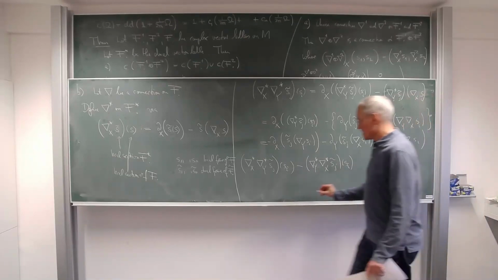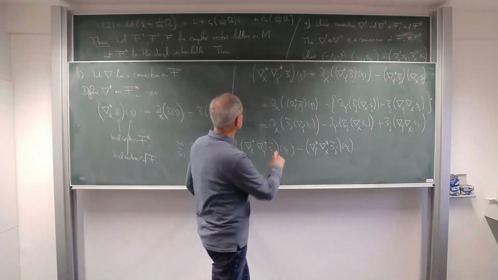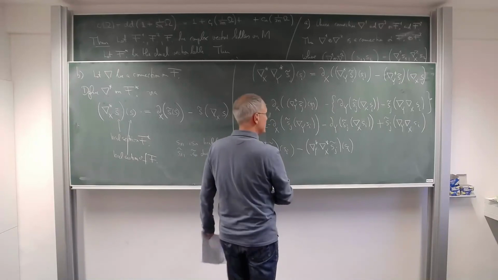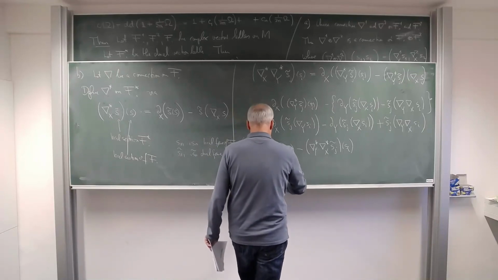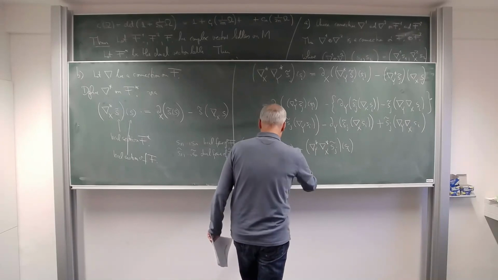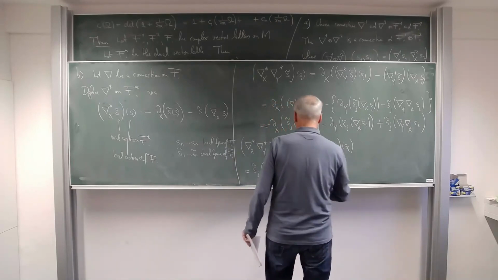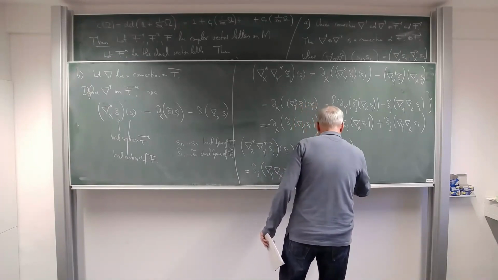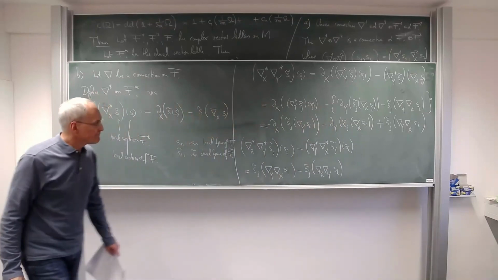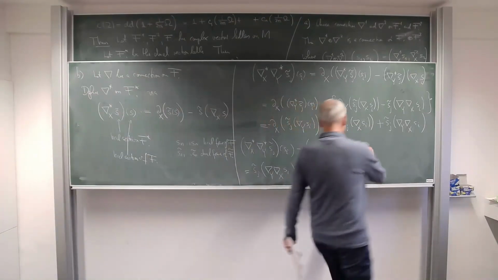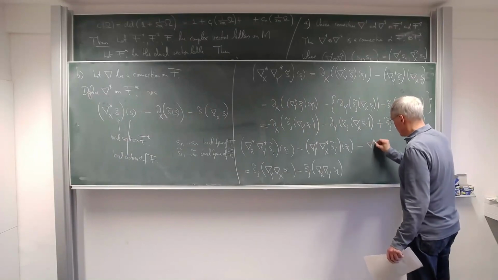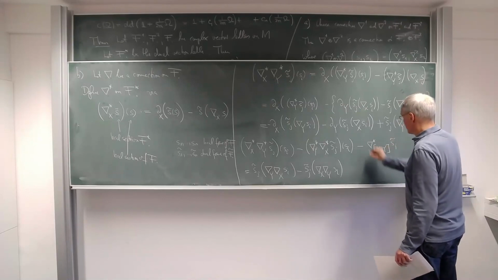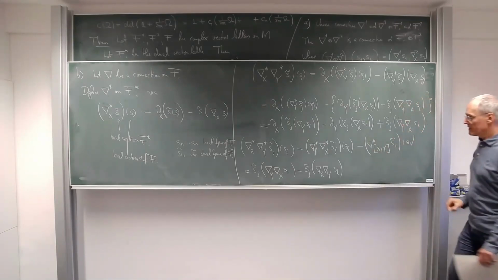And so what this gives me, and now we have to be careful because the order has been changed here, is Sj tilde of nabla Y nabla X Si, minus Sj tilde of nabla X nabla Y Si. So that's what's left over. But I want the curvature, so I also have to subtract nabla star of the Lie bracket applied to Sj tilde, and the whole thing applied to Si.